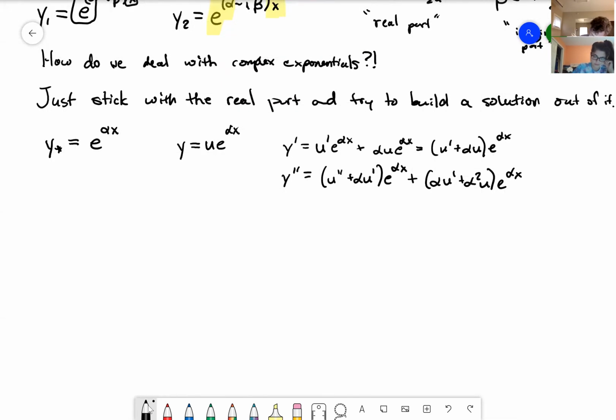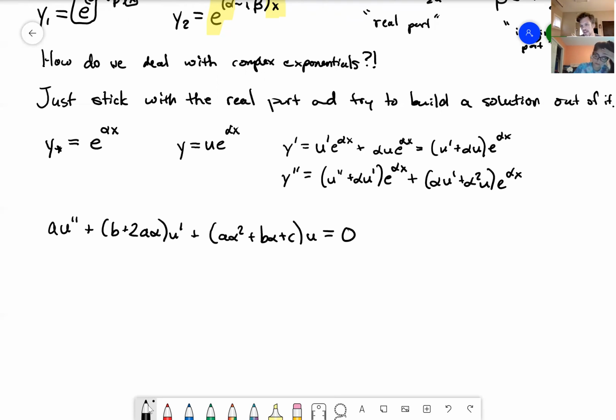And if we plug this back into our equation, after doing a lot of simplifications, what we get is a u double prime plus b plus 2a alpha u prime plus a alpha squared plus b alpha plus c times u is equal to 0.